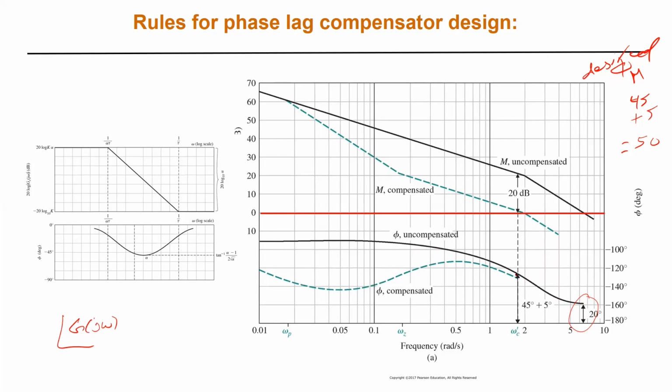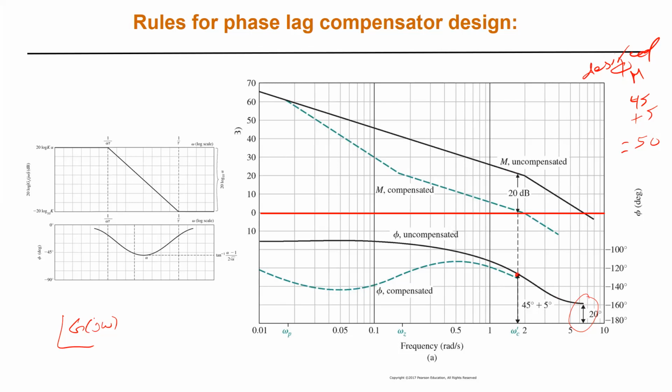So I will come to minus 130 and look at this point, and I want to consider this as my phase margin. What will happen here?